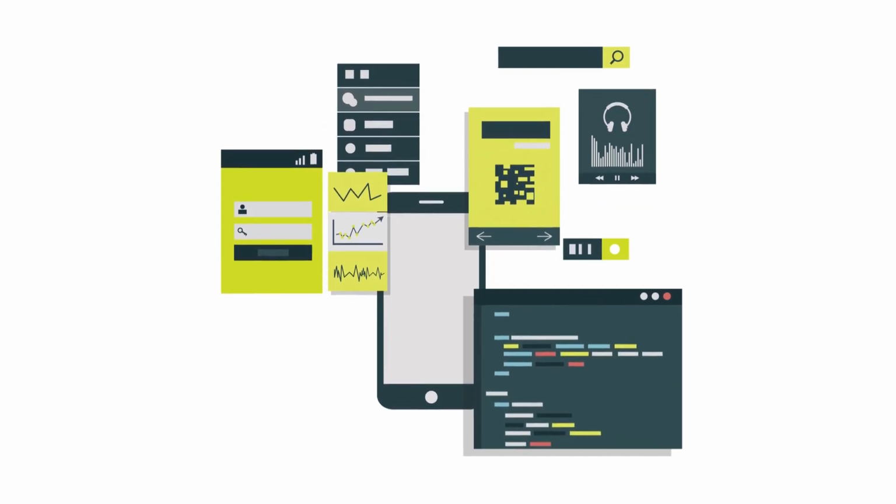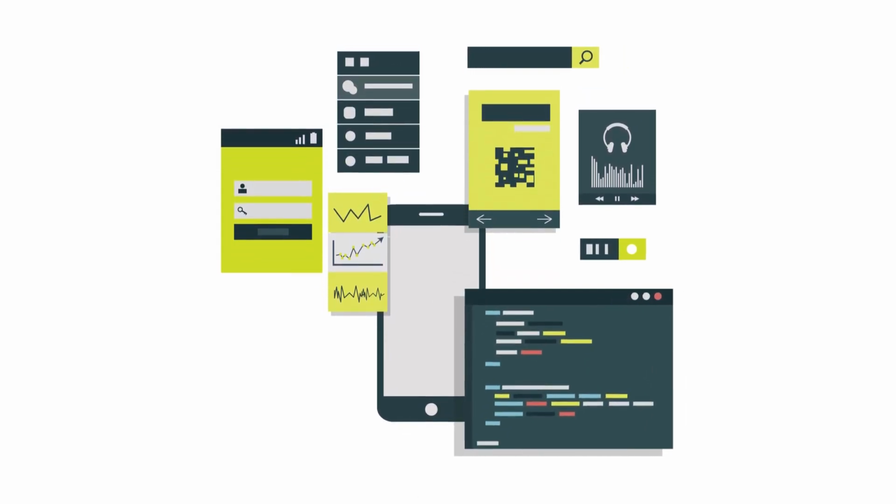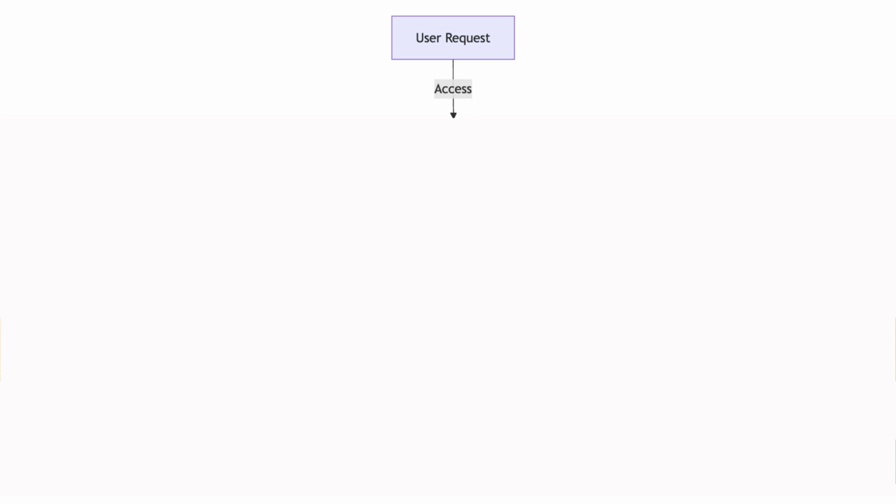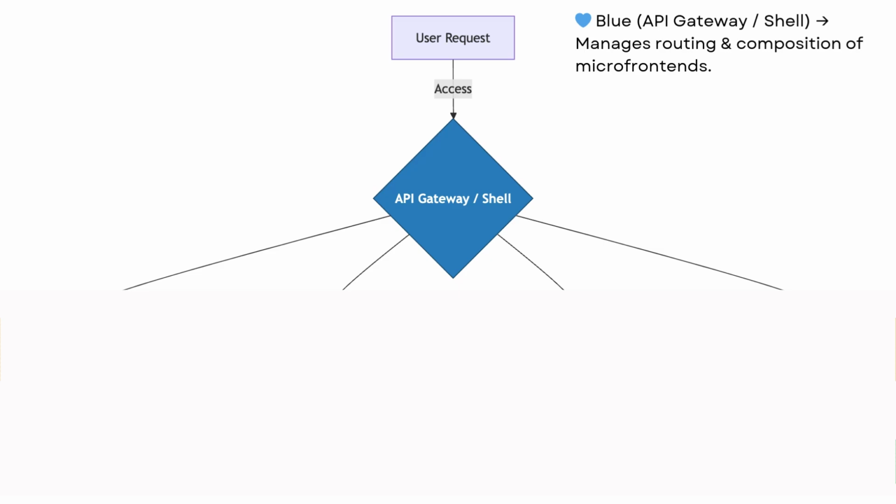Let's take an example of an architectural design to see how this all works. When there is a user request, it goes to the API gateway, or we can call it the shell application, the main container that loads different microfrontends.